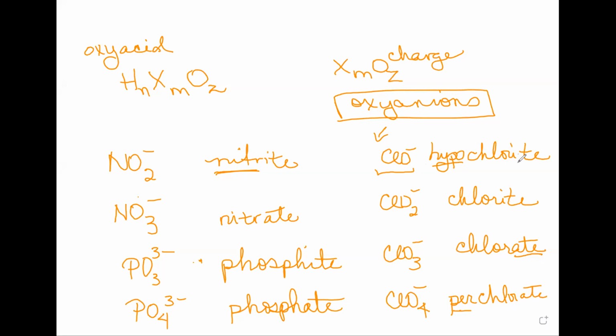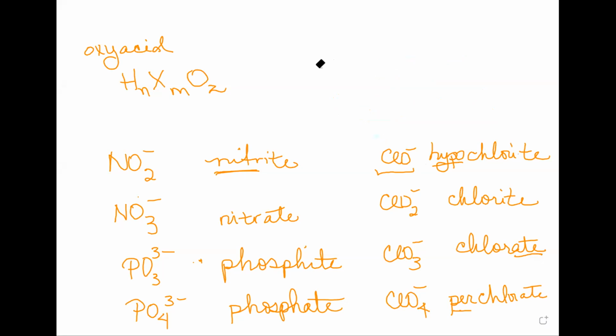This will help you memorize your tables of polyatomic ions, but what does this have to do with your acids? Well, it turns out when you have an oxyacid, it's not binary, right? Here you have 3 elements. If your anion ends in ate, then the acid goes to ic acid.